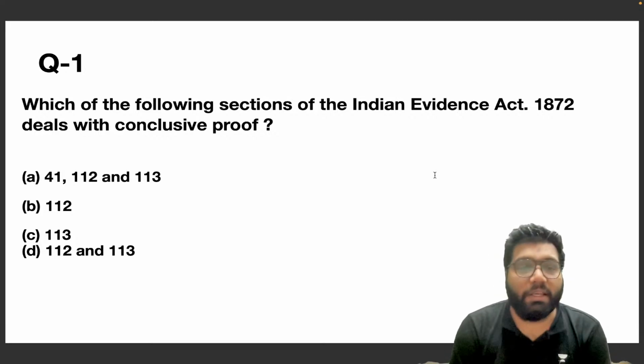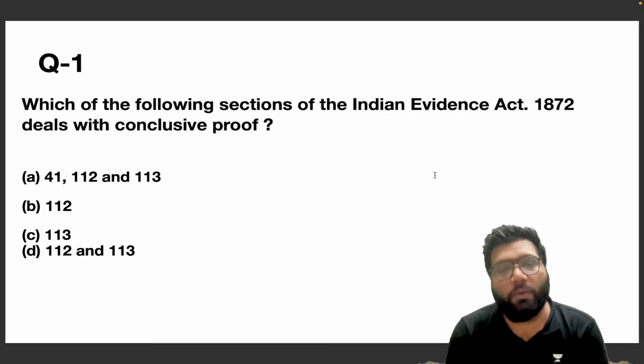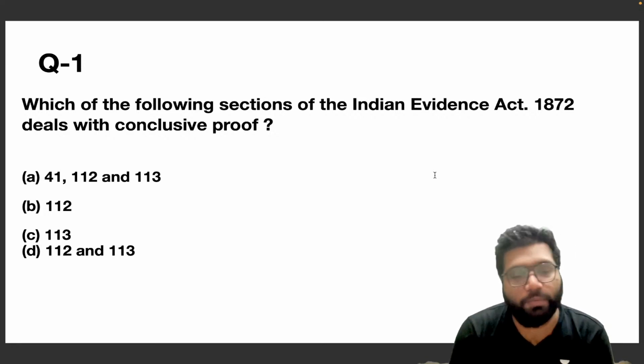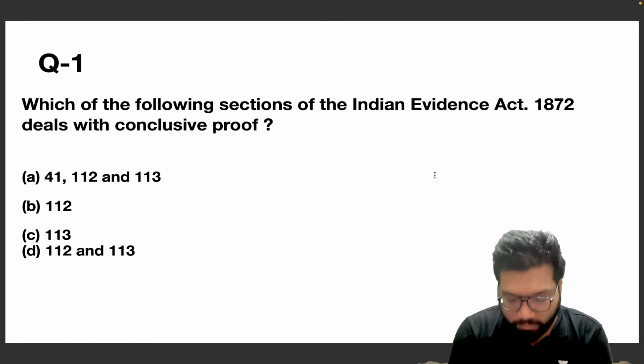Akhilesh and Kirti. Correct answer: 41, 112, and 113. All these three sections are basically example of conclusive proof. The term conclusive proof has been defined under section. Which section defined the term conclusive proof?